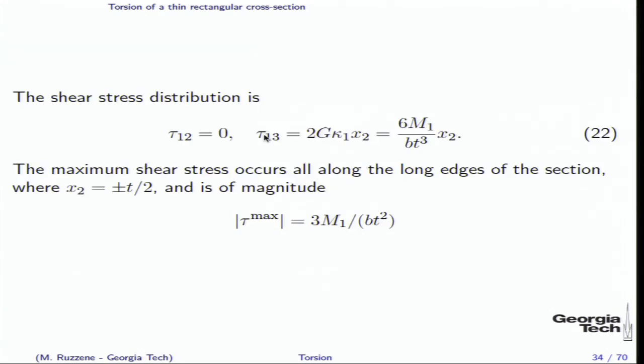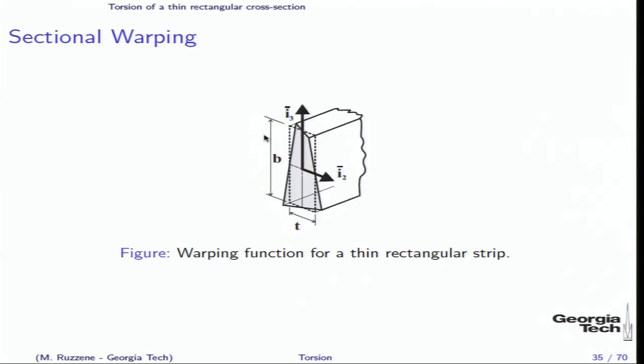So we calculated this and the tau max, and this is the deformation pattern which you will see from this function. Initially the dotted section was the cross section, and then you can see a positive movement outwards in the first quadrant and the third one, and then a negative movement backwards.